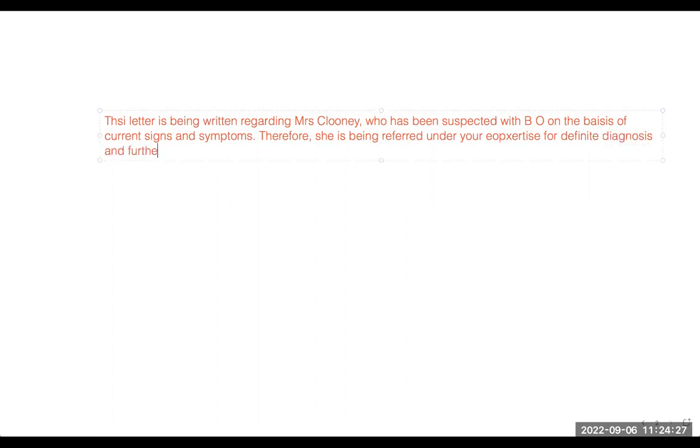So these are the normal letters of OET, the easiest ones. Normally, 70% of letters will be this easy, where you simply say to the surgeon that this patient has been suspected with this, therefore she is being referred for definitive diagnosis and further management.